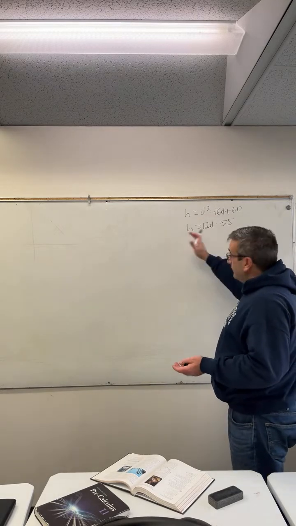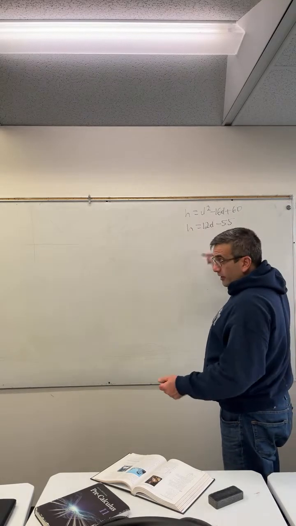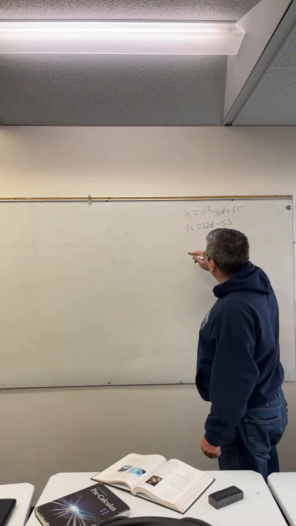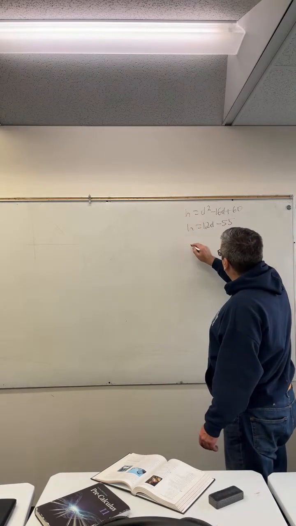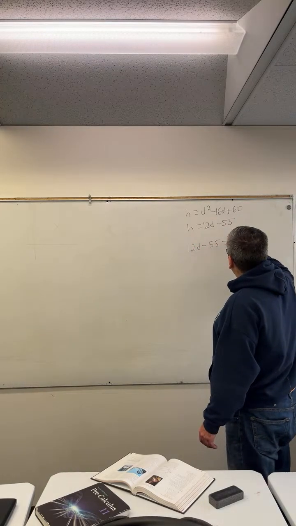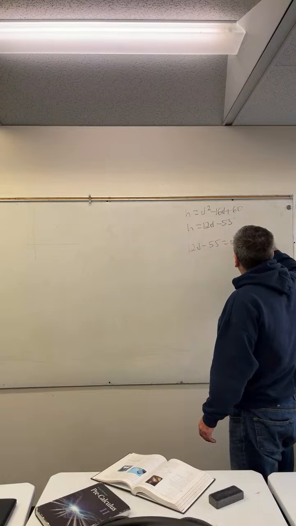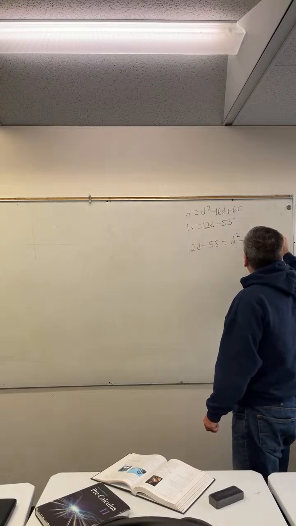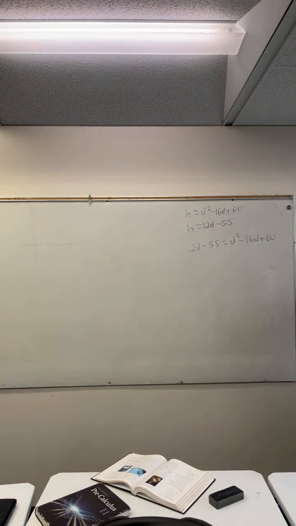Can't you just put one of the equations on the other side? That's exactly right. You compare them, equate them. So it will be 12D minus 55 equals D squared plus 60. And this is exactly what you do, and then you solve.